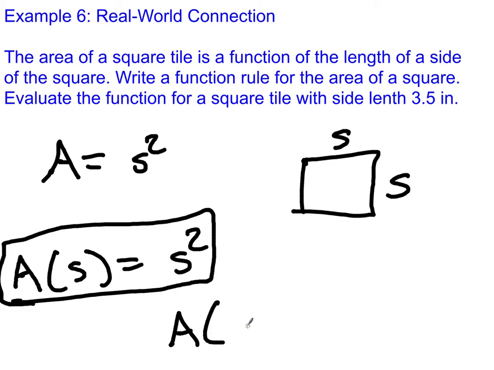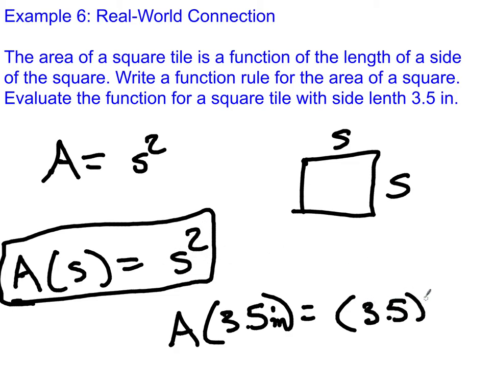We want to know what is the area of a square with side length 3.5 inches. Well, if our input is 3.5, that means we multiply it by itself. We square it. 3.5 squared is equal to 12.25 inches squared. So for our function in this case, with the input 3.5, the output is 12.25 inches squared.